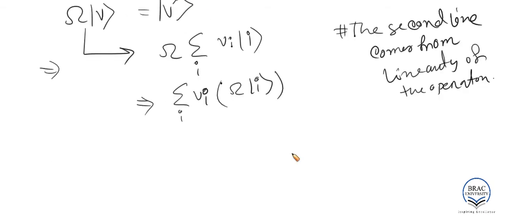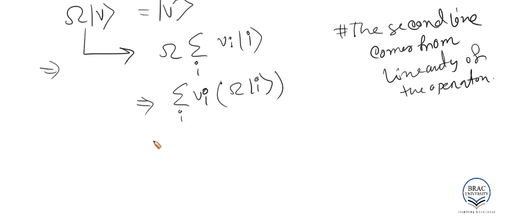What we want to do now, you can write it as e_i prime as well if you want, but let's try to do it in another way so that we can actually motivate that these elements of this omega are just matrix elements, that is, this omega itself can be represented by a matrix. So the second line is coming from the linearity of the omega operator.